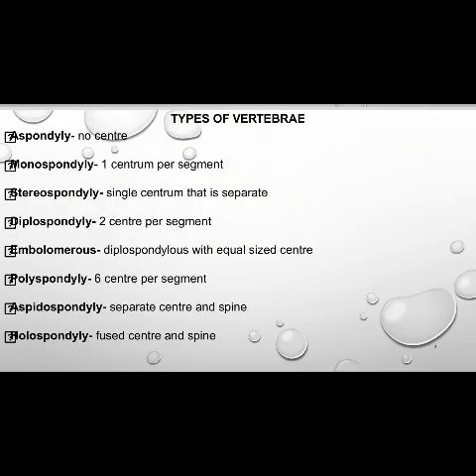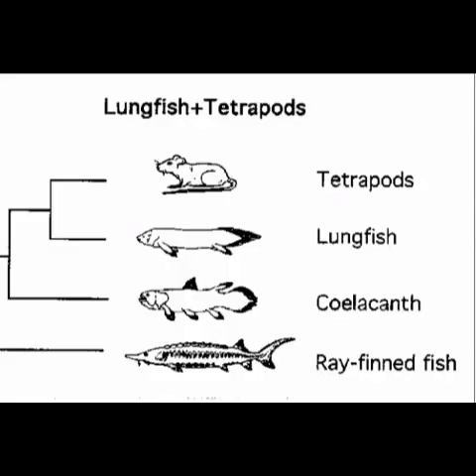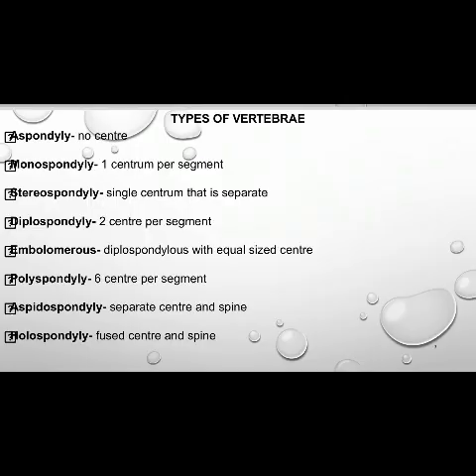Now, aspidospondylous. Examples include lungfish and some tetrapods, some ancestors of the tetrapods. Such vertebrates have separate centers and spines.